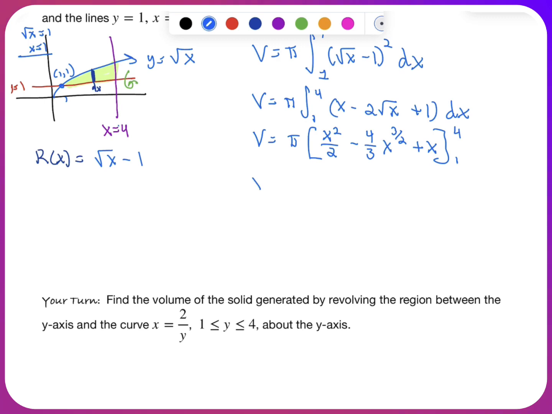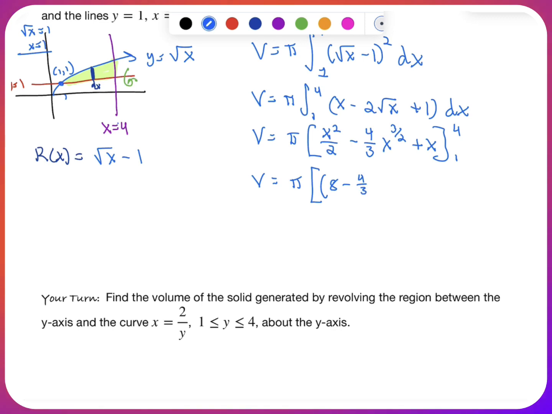And we're going to evaluate that integral from 1 to 4, so plugging in 4 in place of every x. Four to the 3/2 times 4/3, it simplifies down to, well, I'll do 4/3 times 8, because let's just do it step by step. And then plug in 1, that gives us 1/2 minus 4/3 plus 1.